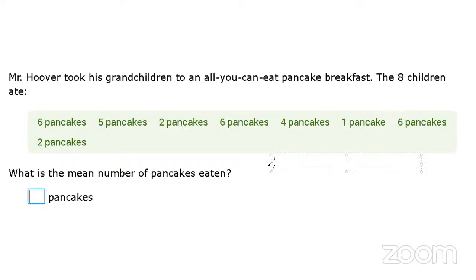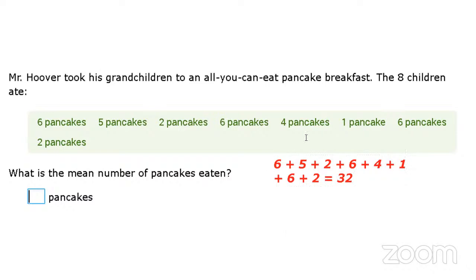We're finding the mean, so we add all the values: 6 plus 5 plus 2 plus 6 plus 4 plus 1 plus 6 plus 2, and you guys said that is equal to 32.